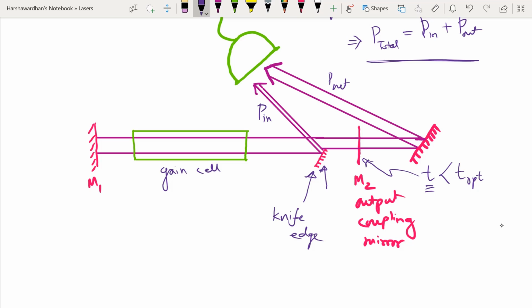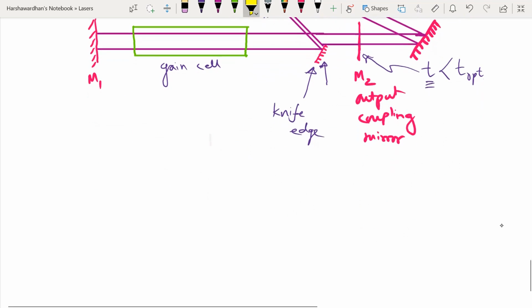The feedback was excess because I had chosen T to be less than T optimal, and now I have taken away part of that feedback and put it out as an output. So this P in is like an output which should have come out of the output mirror, but has been taken to the detector. The moment I maximize this total intensity, I have essentially obtained my T optimal.